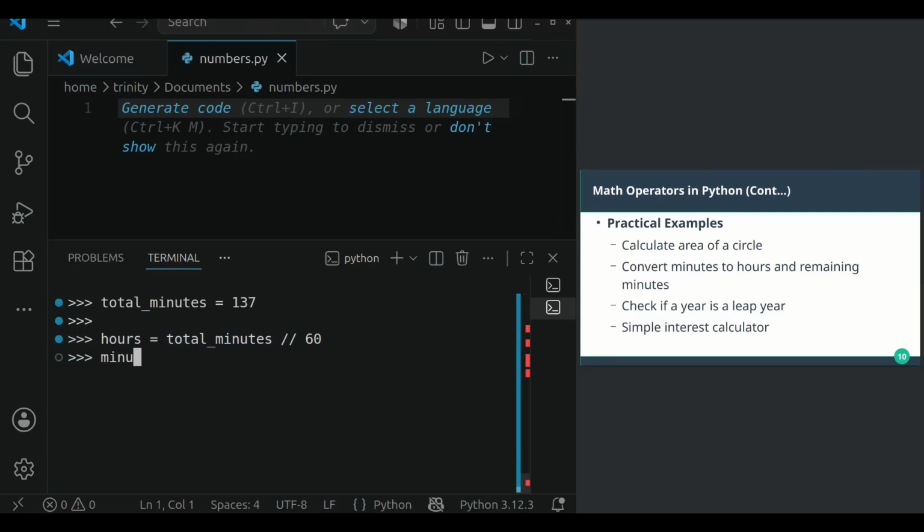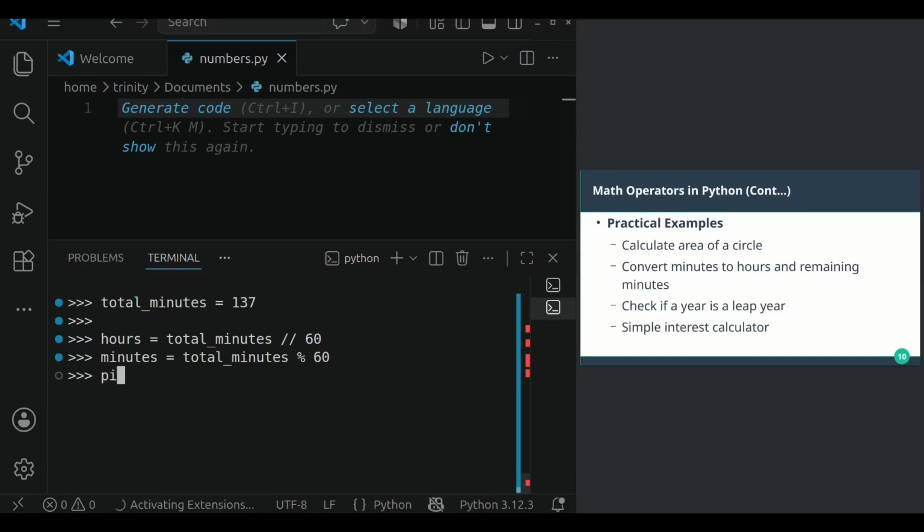So we are going to define that as minutes, and then we say total minutes, and this time around we can use the modulus operator. We can say total minutes modulus 60. When you divide the total minutes by 60, how many minutes are going to be left? So that's going to be our minutes.